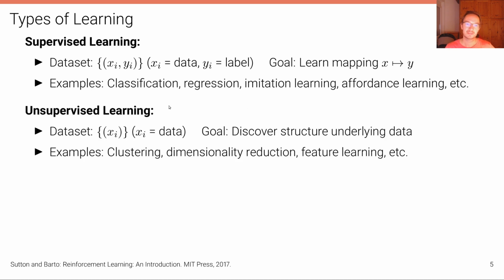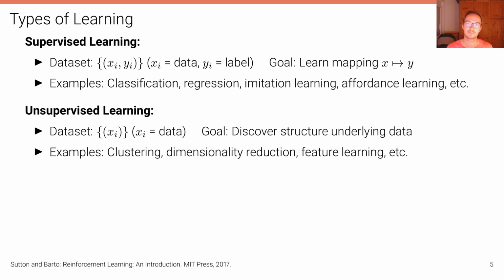In contrast, in unsupervised learning, we're only provided with a data set, and the goal is to discover structure underlying the data. Examples include clustering, dimensionality reduction, feature learning, and so forth.